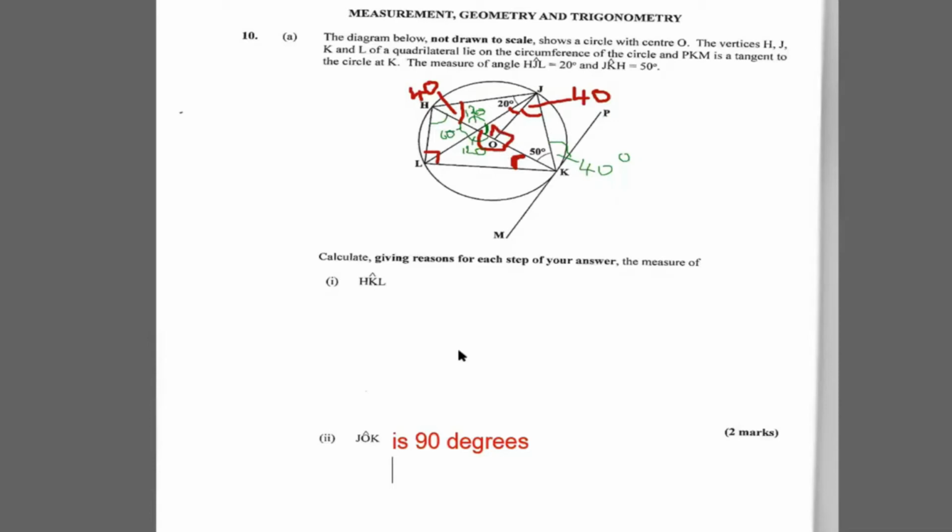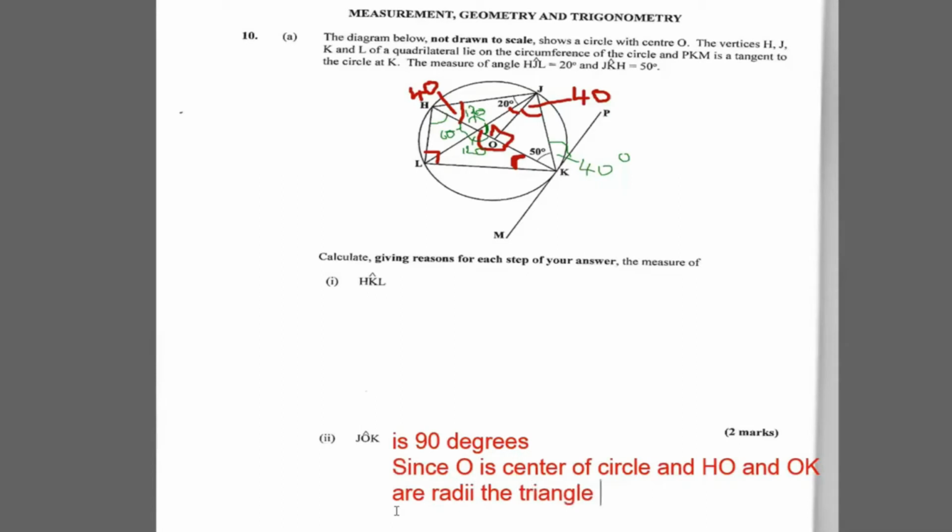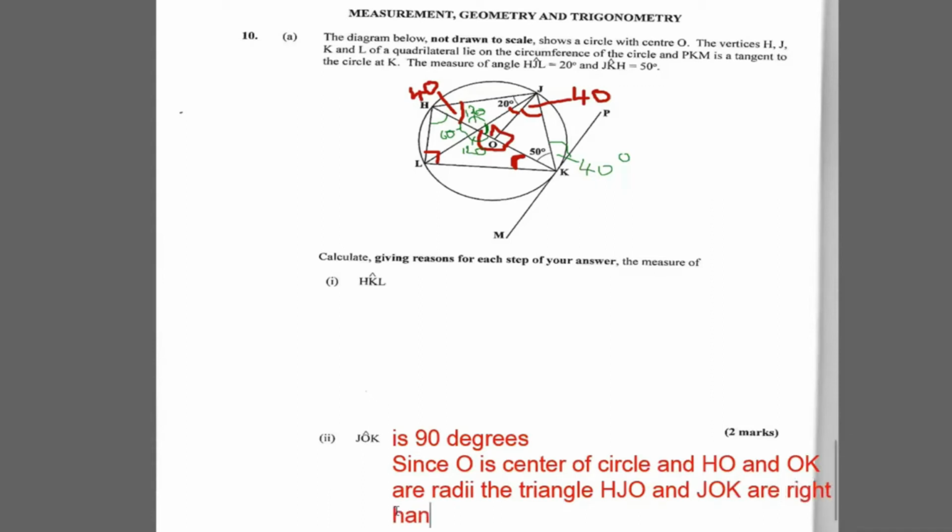And so what we can say is, since O is the center of the circle, and HO and OK are radii, then triangle HJO and triangle JOK are right angle triangles.